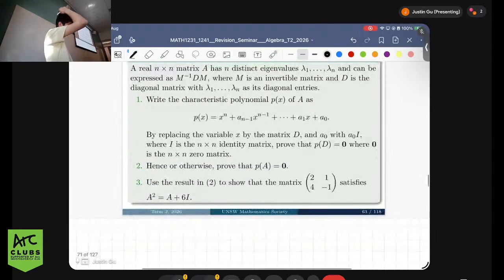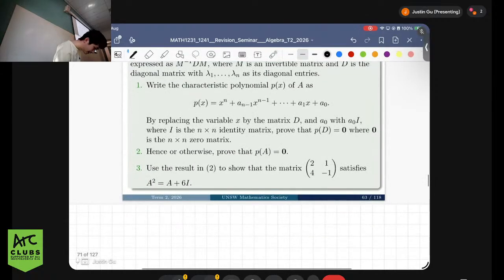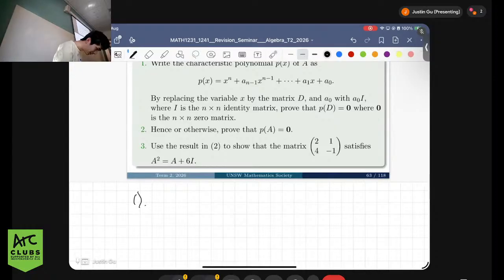Oh, sorry, 0 matrix. Okay, so first of all, let's write out what P of D is exactly.